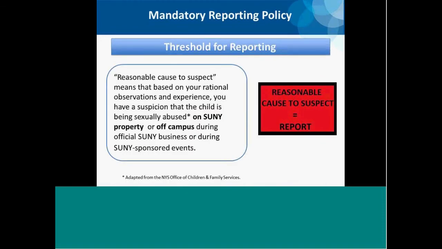The threshold for reporting is a reasonable cause to suspect. A reasonable cause to suspect is formed when, based on your rational observations and experience, you have a suspicion that a child is being sexually abused on SUNY property or off SUNY property during official SUNY business or at SUNY-sponsored events.